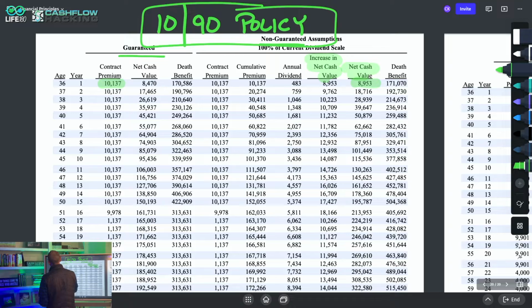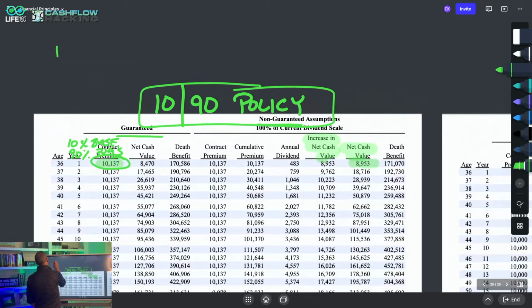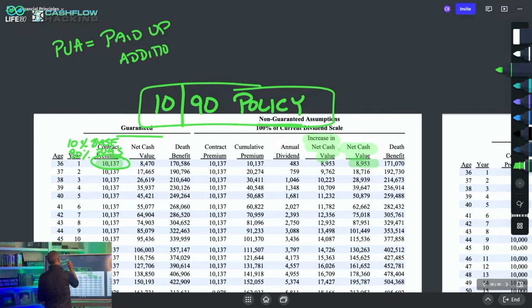It means out of this $10,137, basically 10% goes into base and 90% goes into PUAs, paid up additions. If you don't know what PUAs are, PUA equals paid up additional permanent insurance.